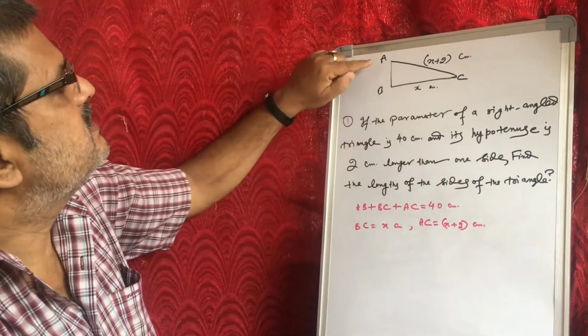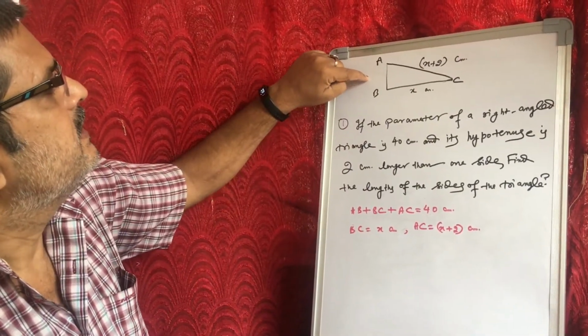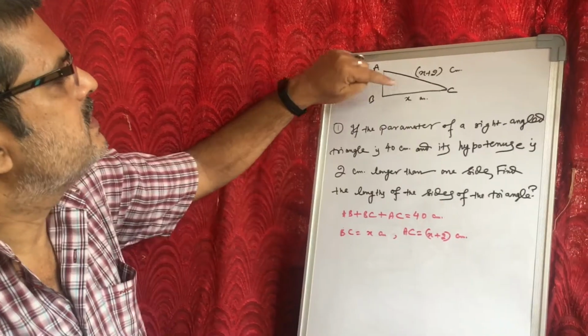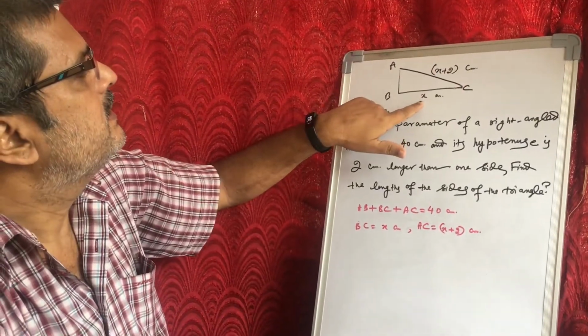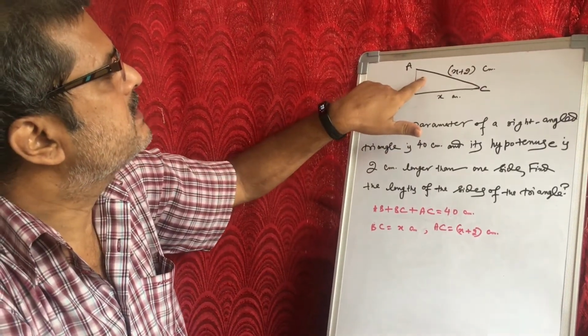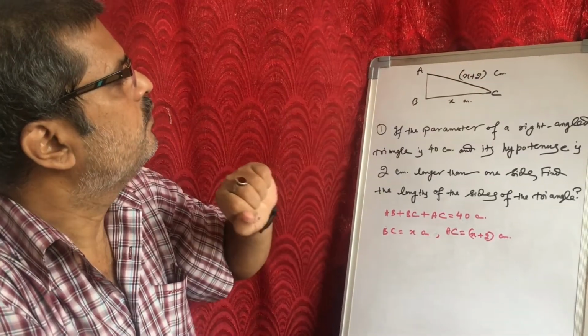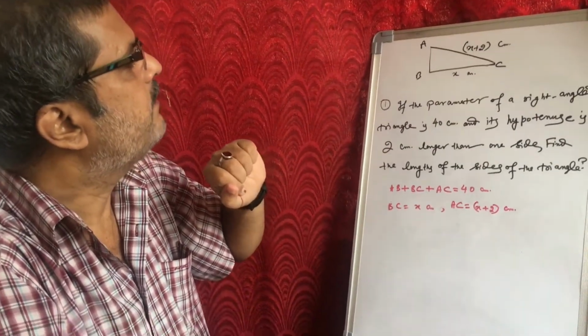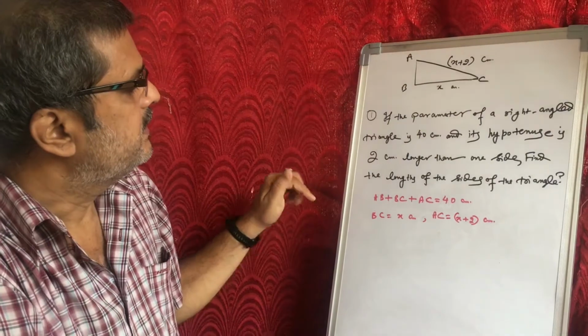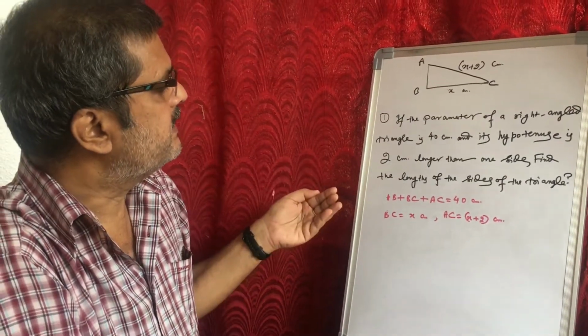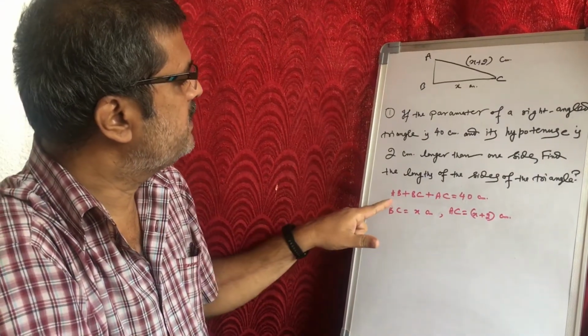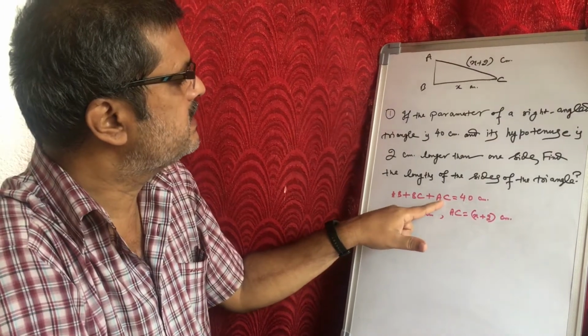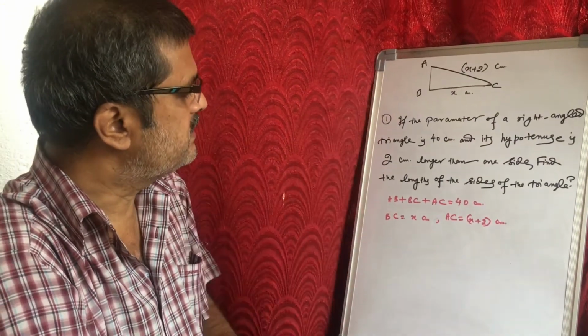Now suppose this is the triangle ABC in which BC is equal to x centimeter, then the hypotenuse AC will be x plus 2. It is given the perimeter of the right angle triangle is 40. That means AB plus BC plus AC is equal to 40 centimeter.